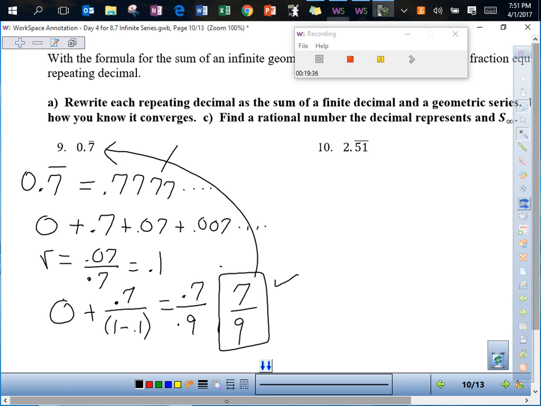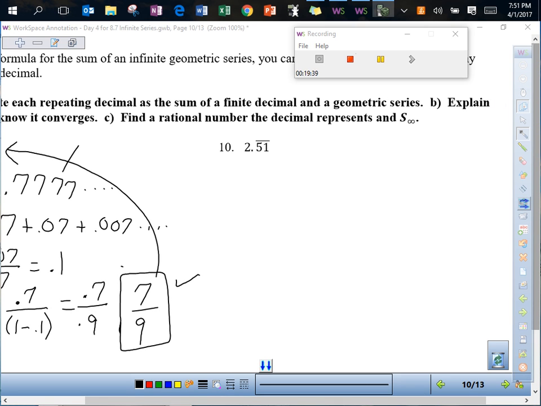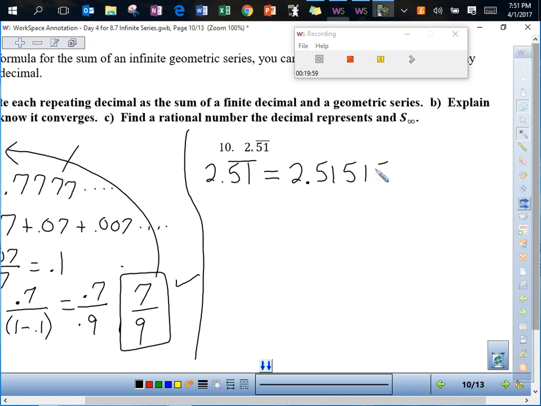If you would, look over at number 10. The hard part is right here. I'm going to think of this as 2.51 repeating. I'm going to think of it as 2.51, 51, 51 forever.